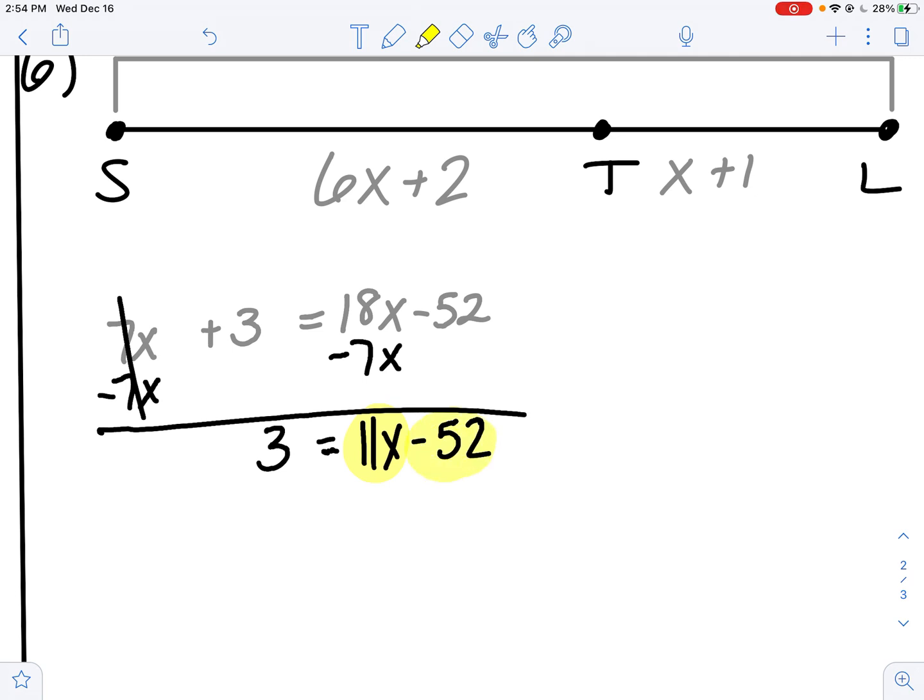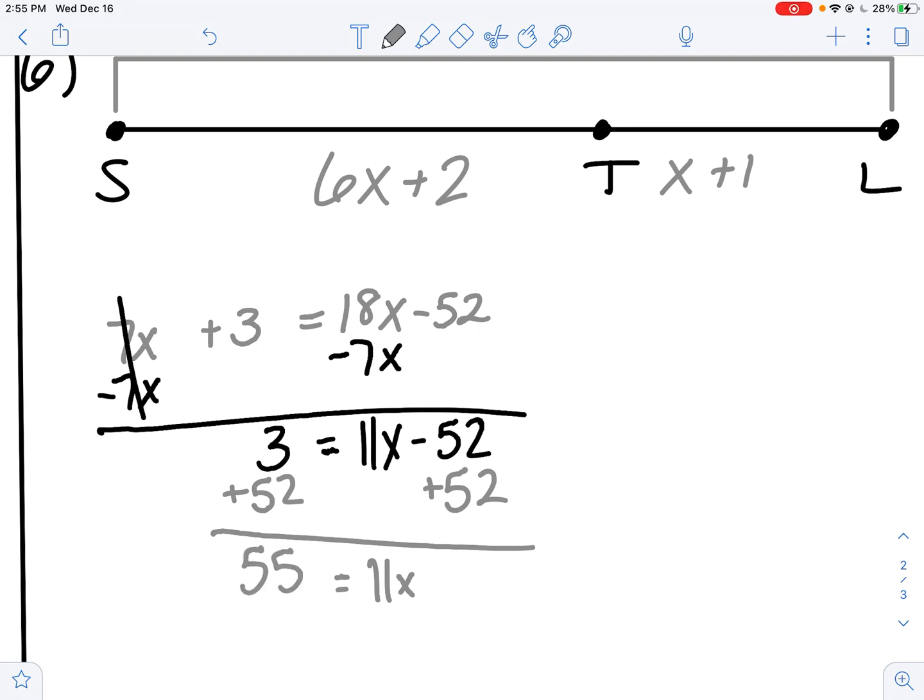I need to get rid of that negative 52. And how do I get rid of a negative 52? How do I move it to the other side? I'll use my opposite operation of a positive 52. Let's see, 11x equals 55, or x equals 5.